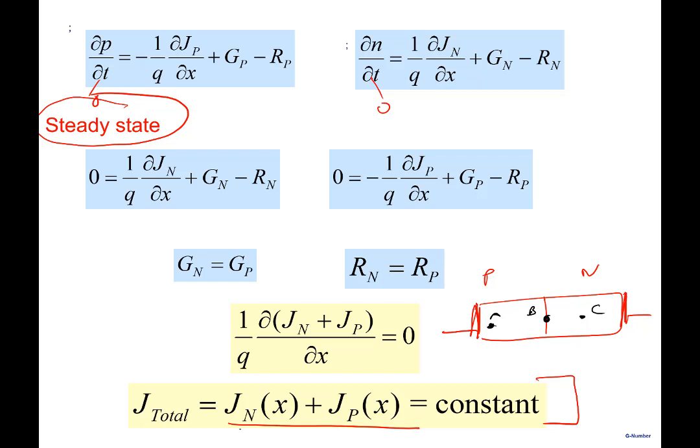Why? Because Jn plus Jp is constant. So the key issue in a PN junction becomes: at which x do I compute? Where do I compute the current?